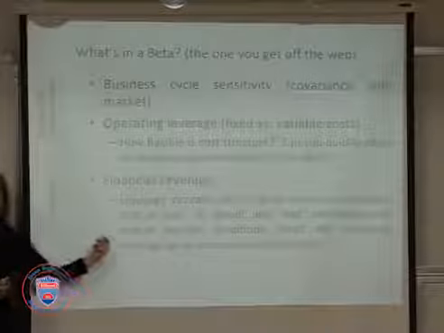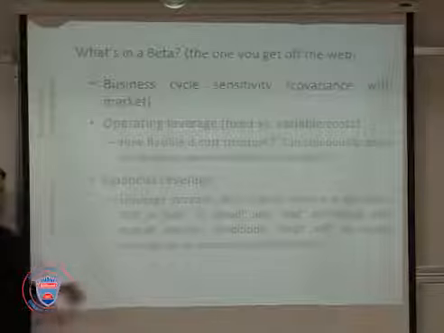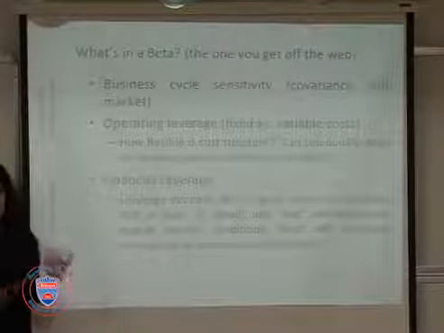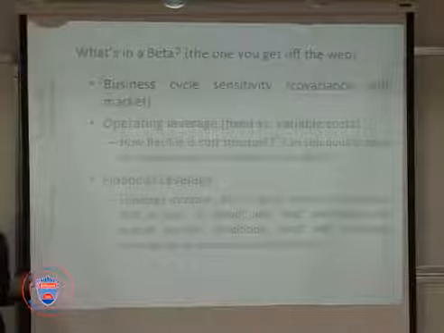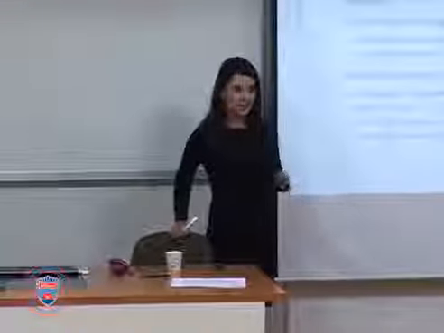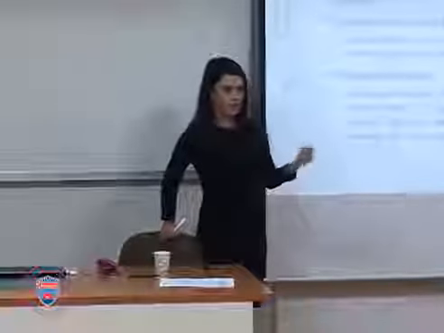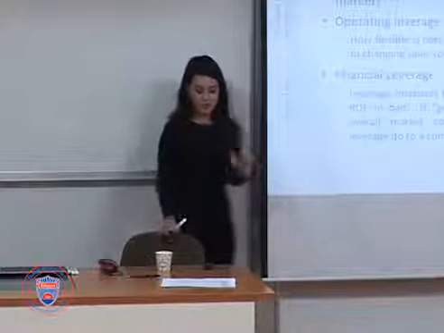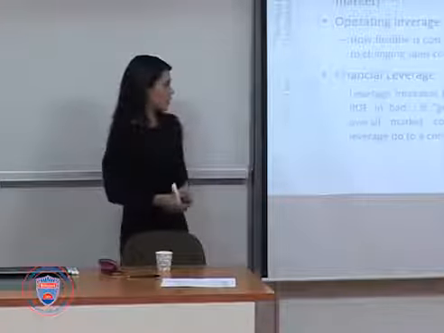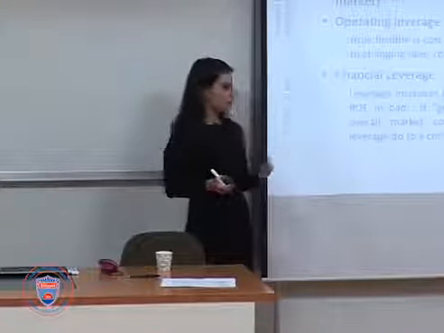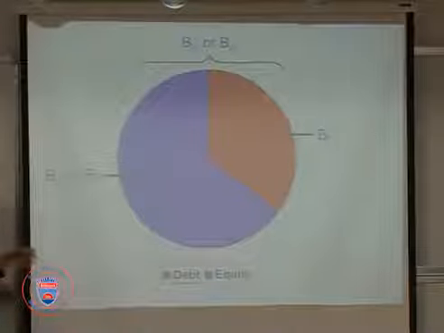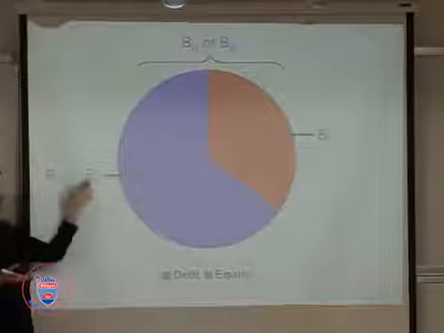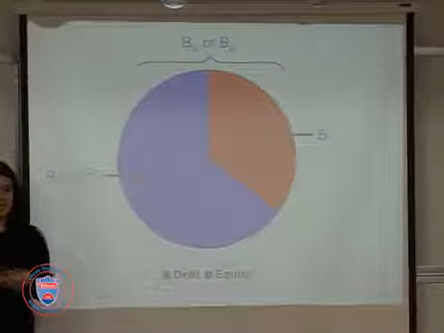The other is financial risk, so how leverage will affect the return. We already saw that leverage affects the company differently in good times than in bad times. So the riskiness of the financing source will also affect the beta of the company. When we think about financing sources, we have equity beta and debt beta.